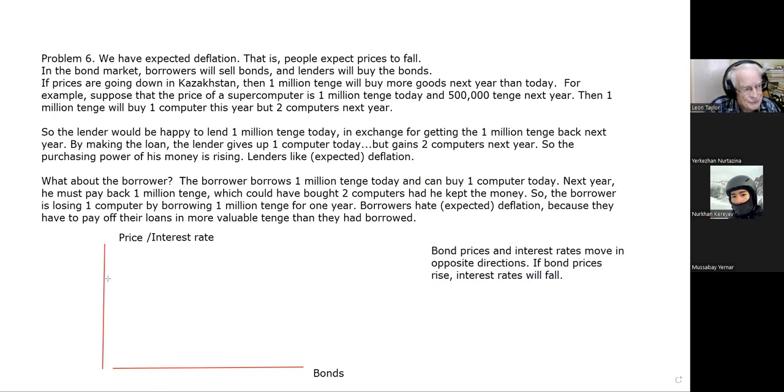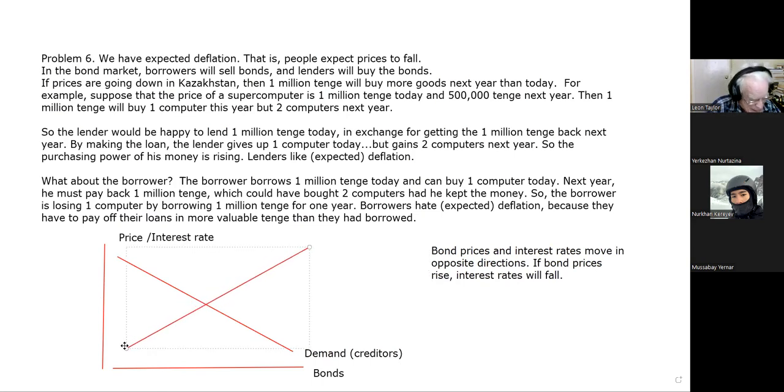Okay, so here is the demand for bonds. Creditors demand bonds. And then here's the supply of bonds. Borrowers sell bonds for money today.